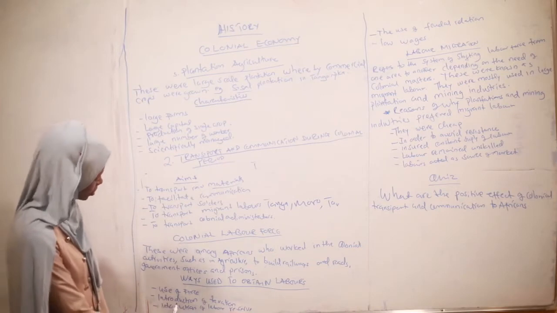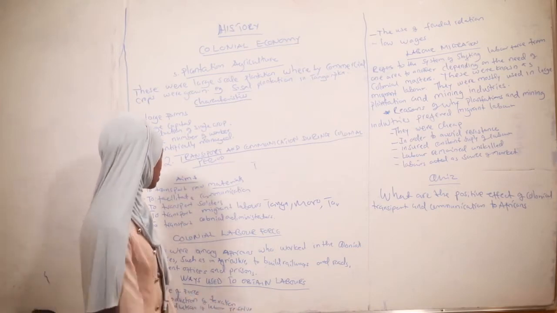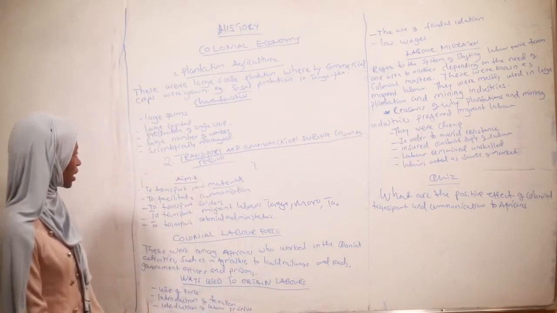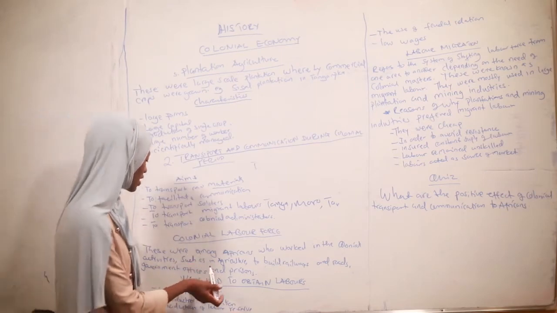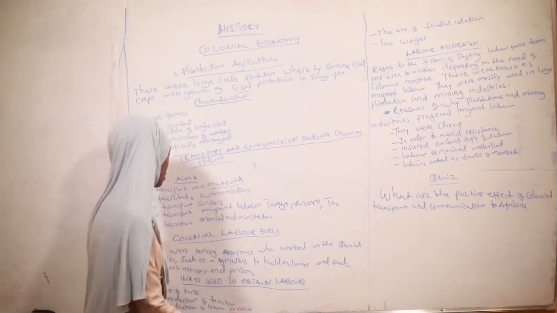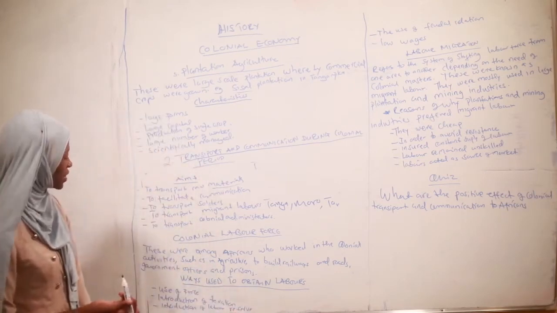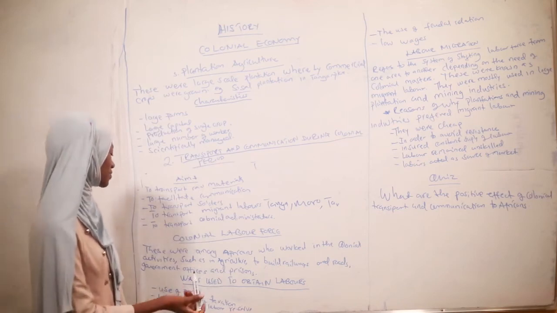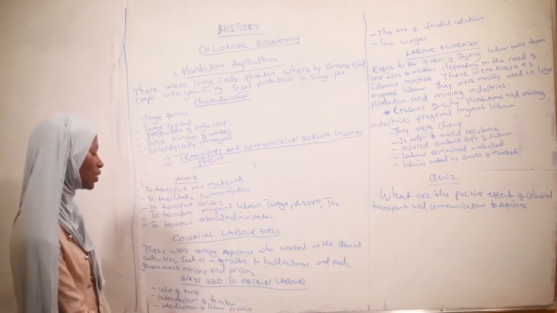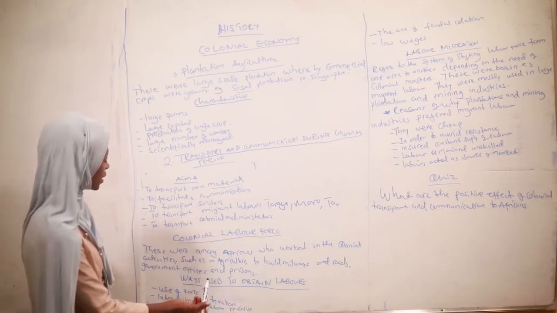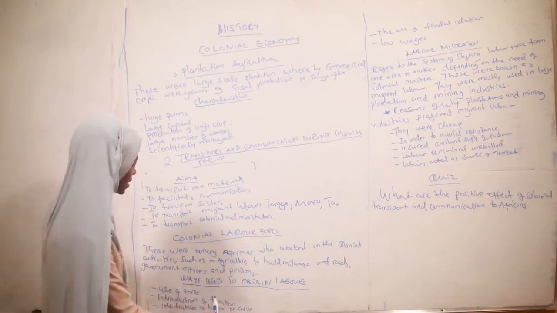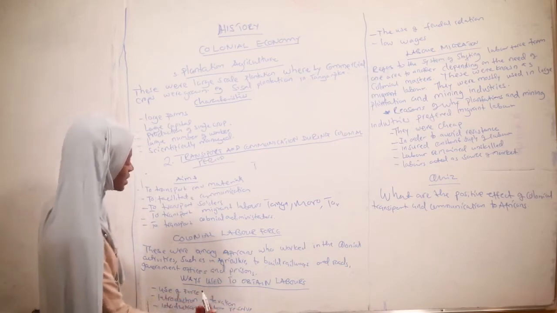Another is the introduction of taxation. Colonialists introduced tax in the form of money, and Africans were not able to get money unless they worked in the colonial sectors, be it in farms or in mining.